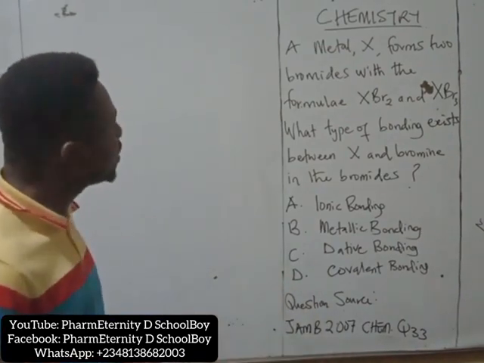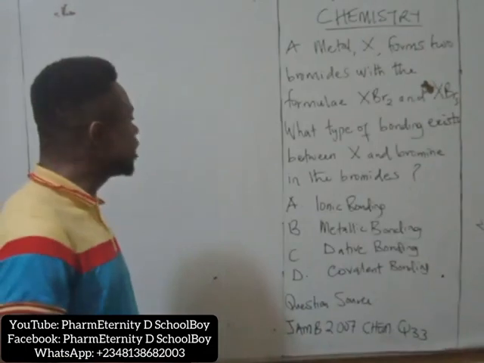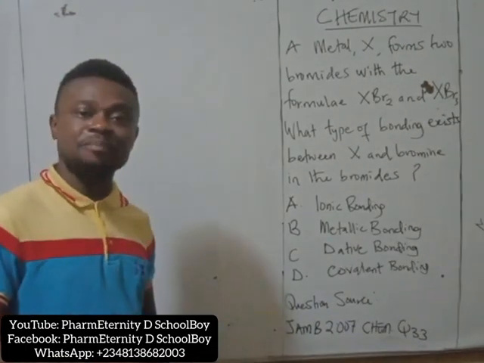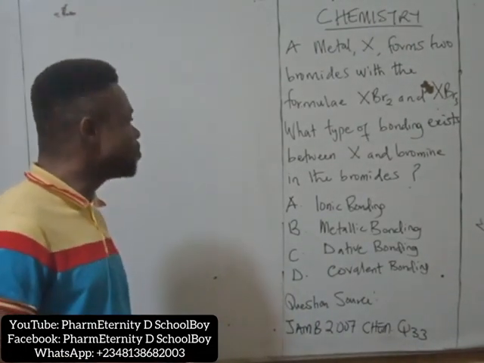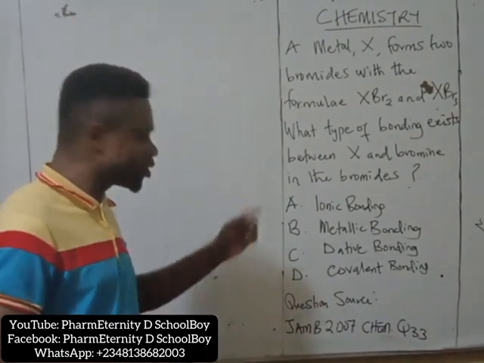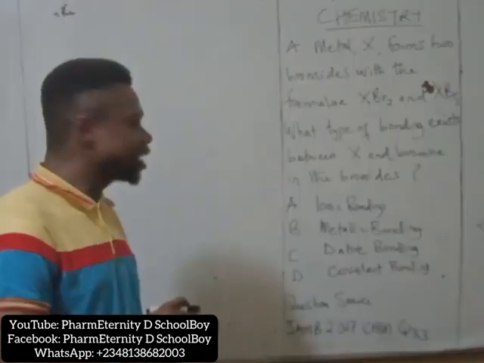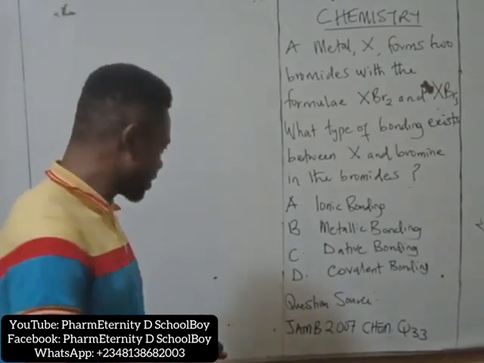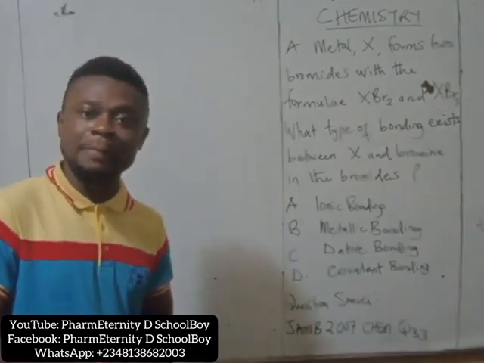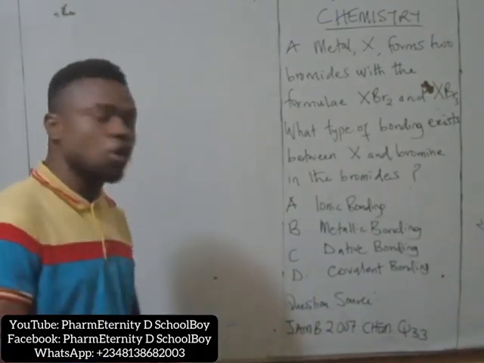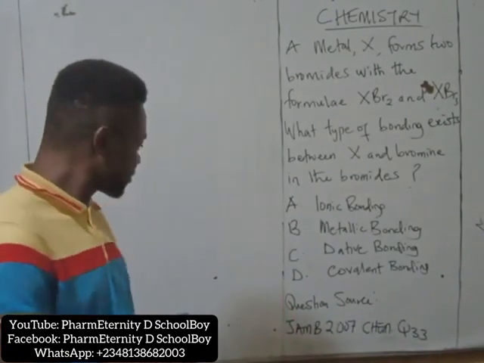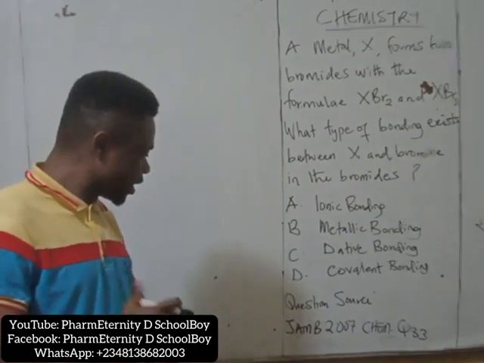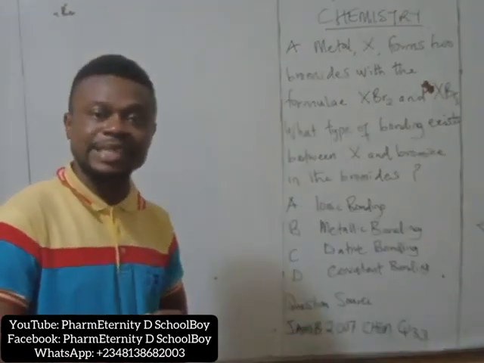What type of bonding exists between X and bromine in the bromides? Option A, ionic bonding. B, metallic bonding. C, dative bonding. D, covalent bonding. The question source is JAMB 2007 Chemistry.